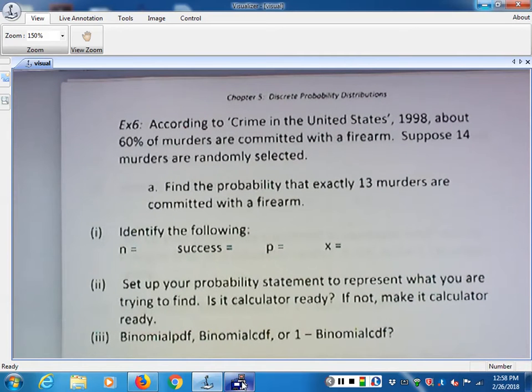According to Crime in the United States, 1998, about 60% of murders are committed with a firearm. Suppose 14 murders are randomly selected. Find the probability that exactly 13 murders are committed with a firearm. What's N?